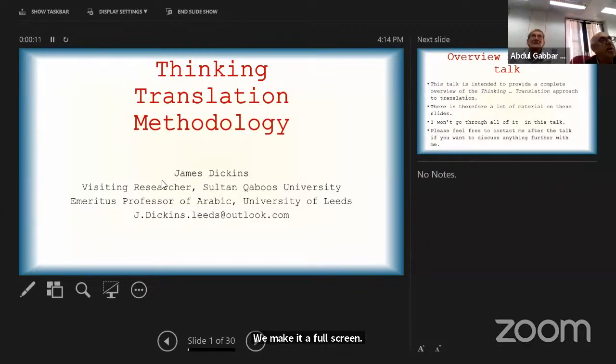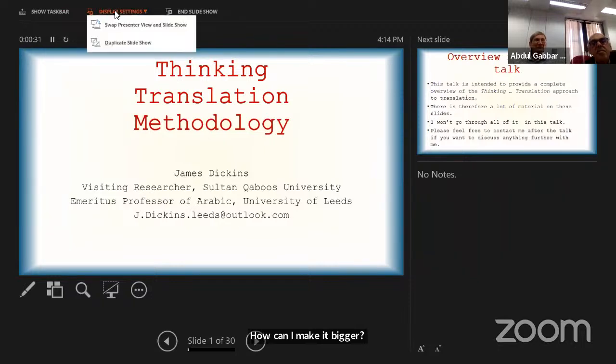I think it's full screen there. You want to also see what? Just make it a bit bigger for everybody. How can I make it bigger? Display settings, up, middle option. Well, presenter view, slideshow. Is that the one? I think so. So, yes, thank you so much.